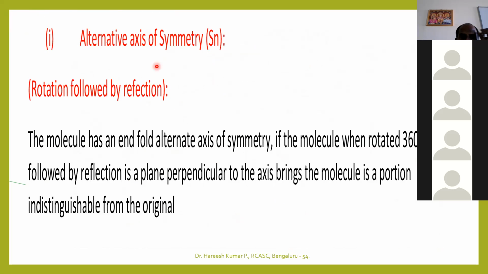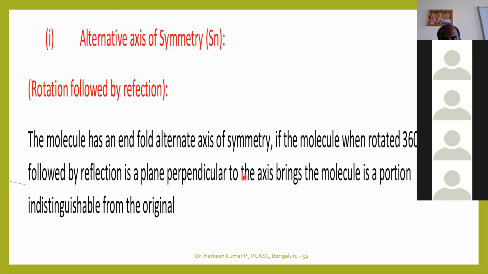And one more is called the improper alternative axis of symmetry. Otherwise, we can call it an improper axis of symmetry. So what will happen? A molecule is rotated, and then rotation is followed by reflection. If it gives something indistinguishable from the original compound, such compounds exhibit an alternative axis of symmetry.